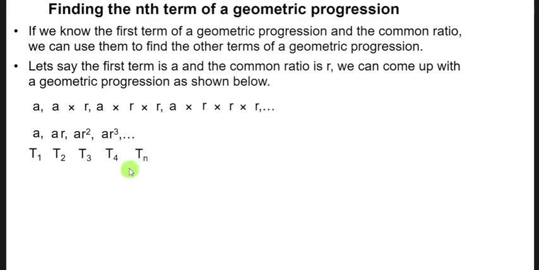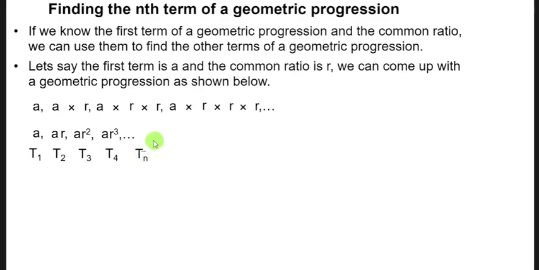So you can create a relationship when you look at the position of the term and the power of r. There is a relationship. You see that there's a difference of 1 between the position of the term and the power of r. So if the position of the term is nth, then there must be a difference here.